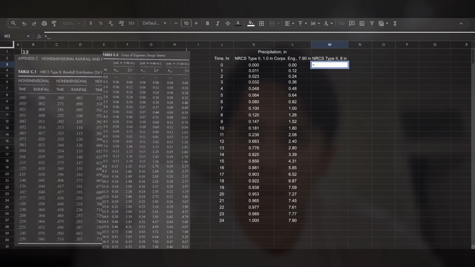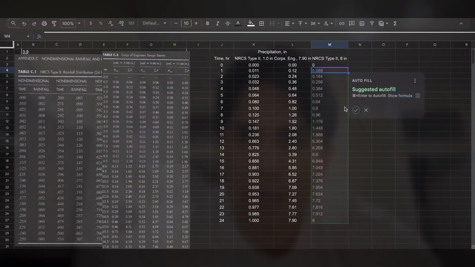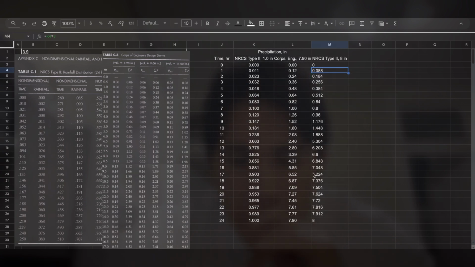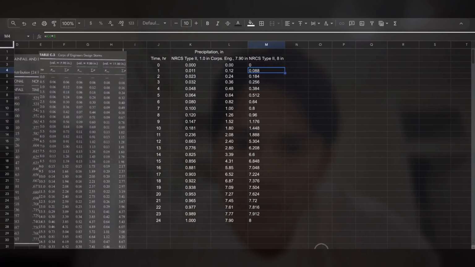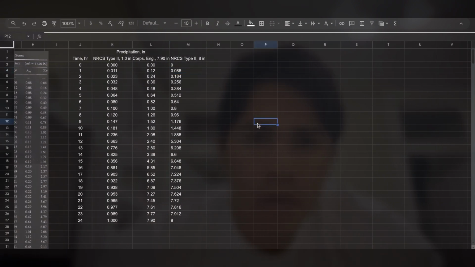That will be equal to this times 8. And this will be the values that we're going to have to plot. So let me go over here. And now let's start plotting the graph.